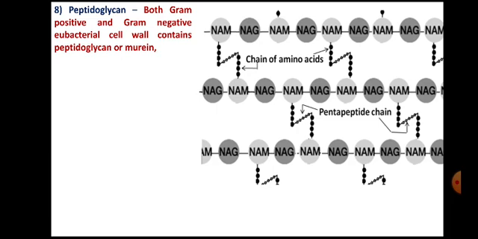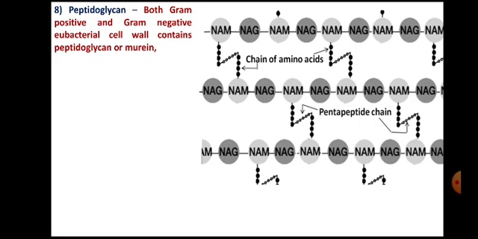So as the name indicates, peptido, that is peptides, glycan, carbohydrate. This means it is a conjugated biomolecule which is made up of amino acids and sugars, and that is the reason why it is called peptidoglycan.